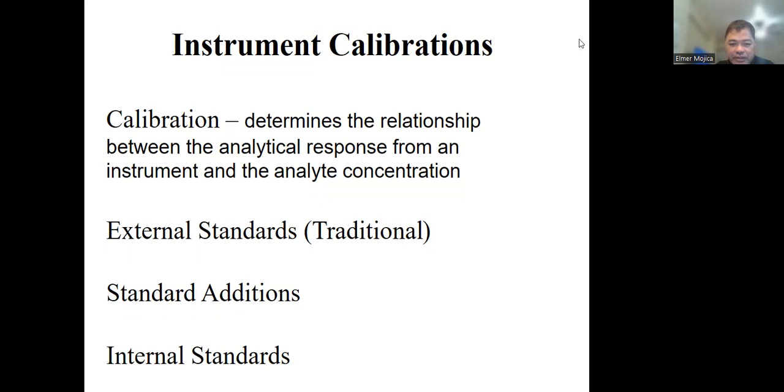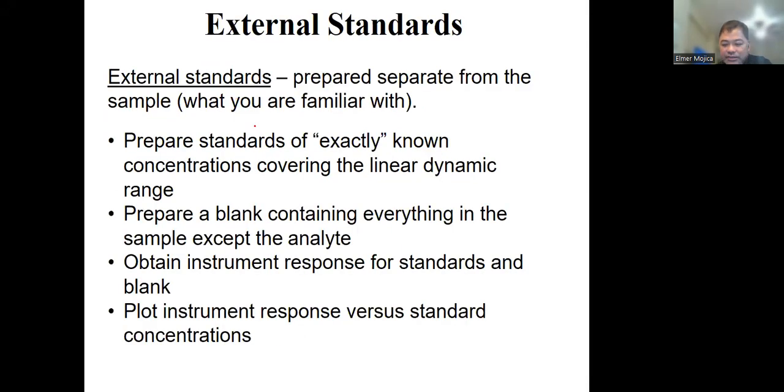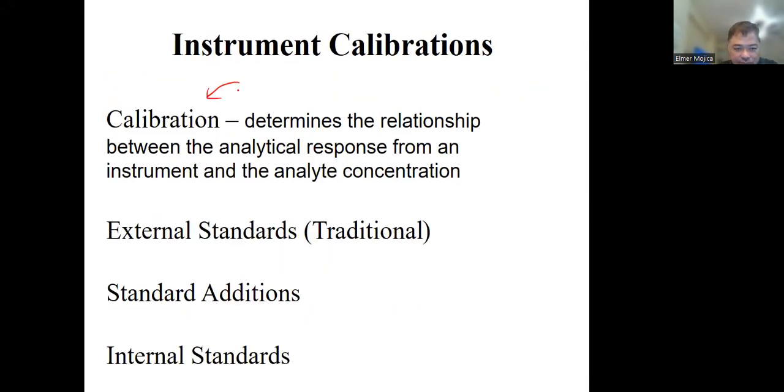Usually, when we talk about calibration, or the other word we can use, standardization, we just determine the relationship between the analytical response from an instrument and the analyte concentration.